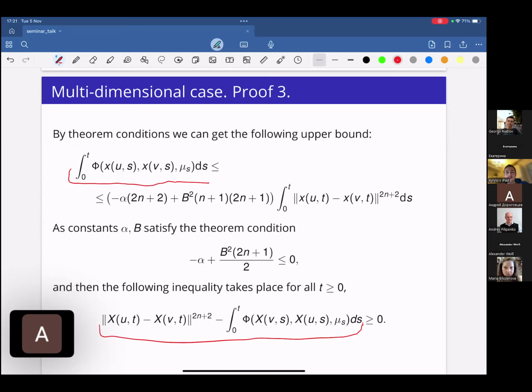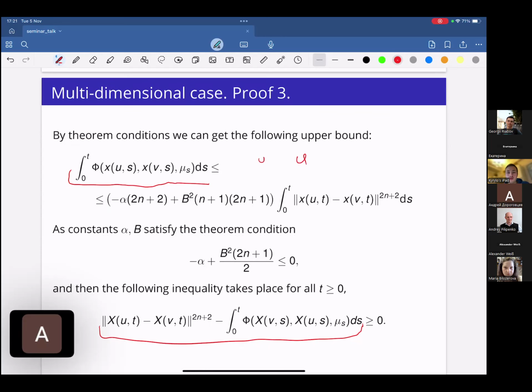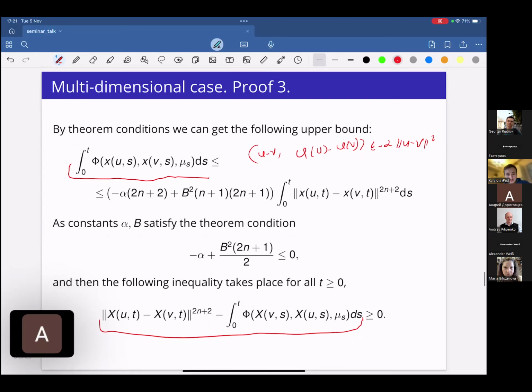But the whole thing, if we use a restriction on the function phi, then we can get such an inequality.